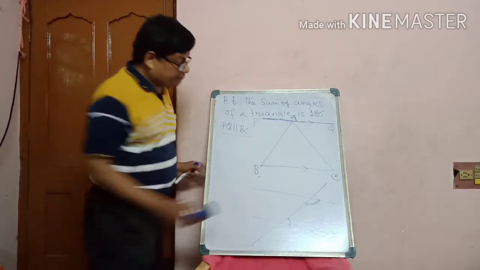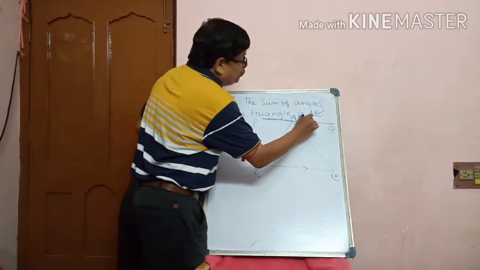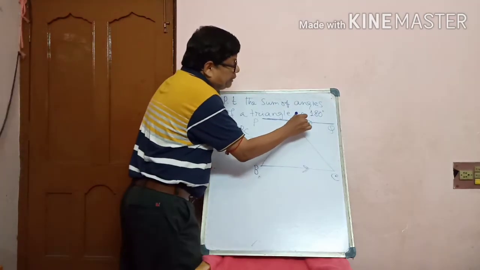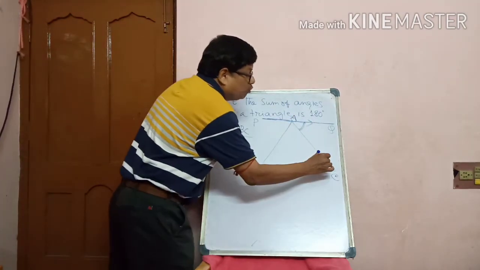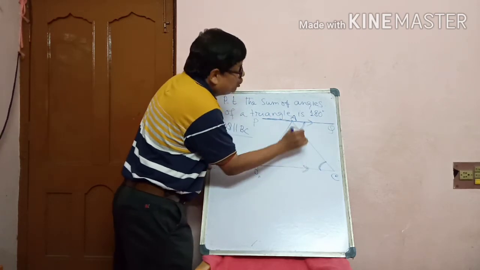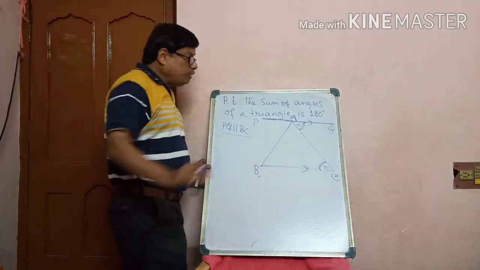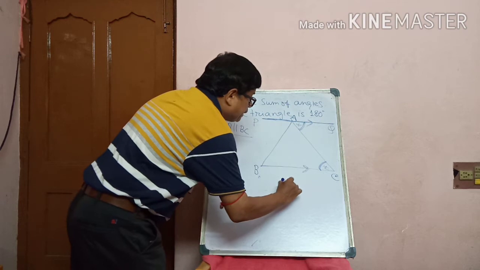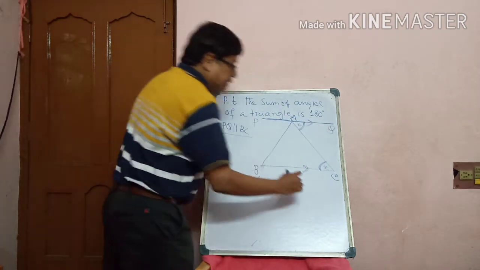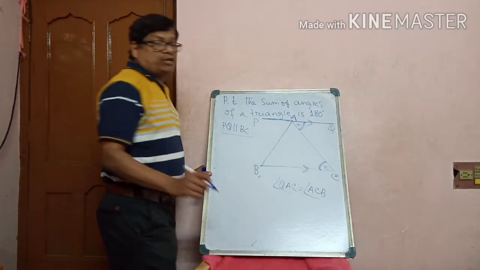Now look at here. So this you have to draw. This is parallel. Now this angle is equal to this angle. These two are parallel, this is the transversal. So we can write this angle, give tick marks, equal. So you have to write QAC equal to ACB, alternate angle.